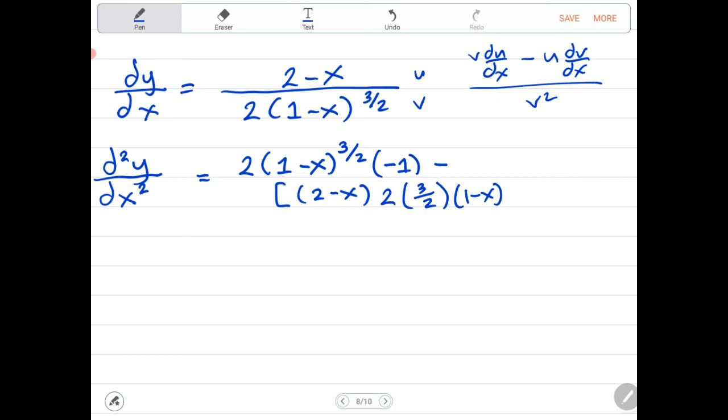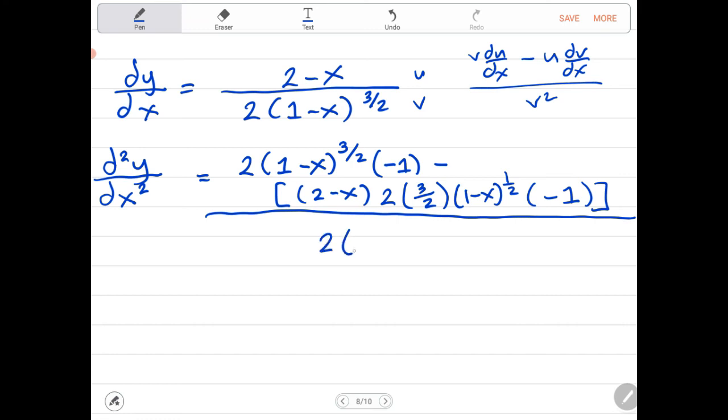So 3 over 2 minus 1, that is 1 half, times the derivative of the equation inside the parenthesis, that is negative 1. Okay? All over the square of the denominator. So 2 times 1 minus x raised to 3 over 2, squared.